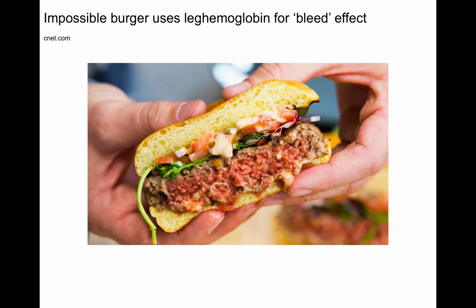And also to give a taste that people expect. Part of what that taste is when you're tasting meat is hemoglobin and also myoglobin, which is expressed in skeletal muscle. And when you're eating meat, you're eating skeletal muscle. So to reproduce that effect, you take hemoglobin from plants.